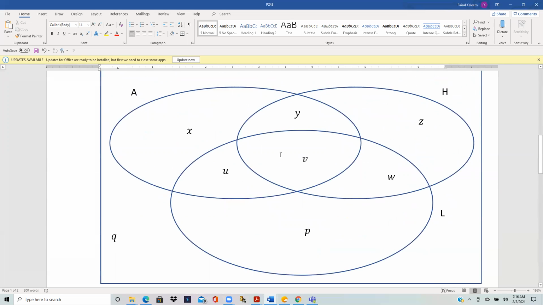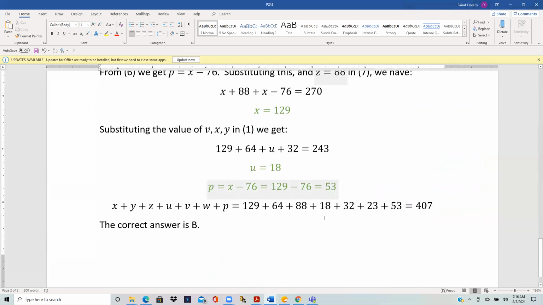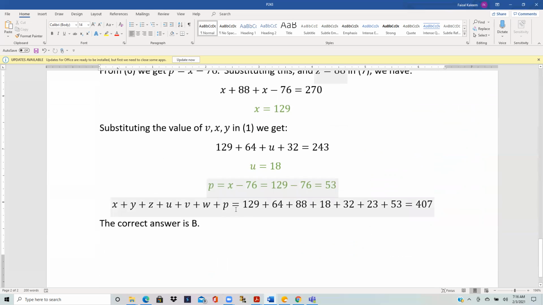So at least one will be the sum of all these letters X, Y, Z, U, V, W, and P. We have all of them by now. So you add them all, you substitute all these values, it adds up to 407. That was choice B.